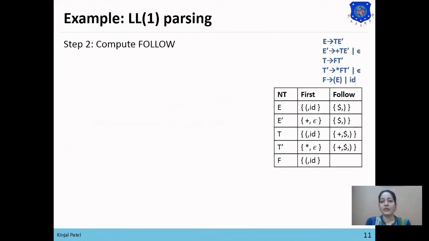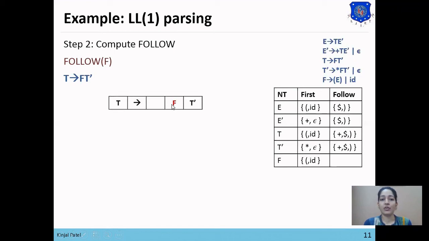Now next we want to find follow of F. So we will find the F symbol on the right hand side. As F is present in the third and fourth statement, first we will apply the rule in the third statement, which is T produce Ft dash, and we want to find follow of F. So we'll compare this with the statement of our rule.